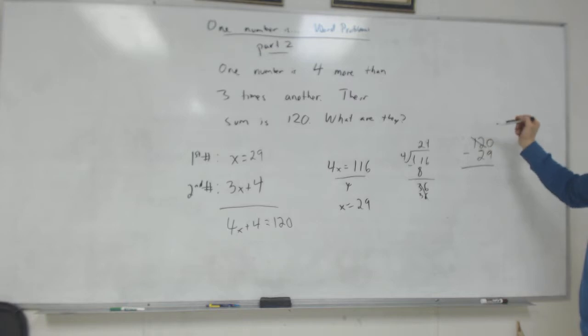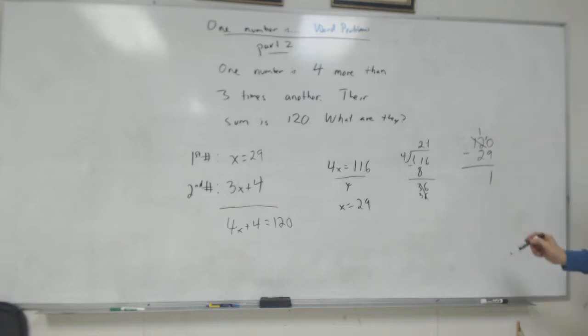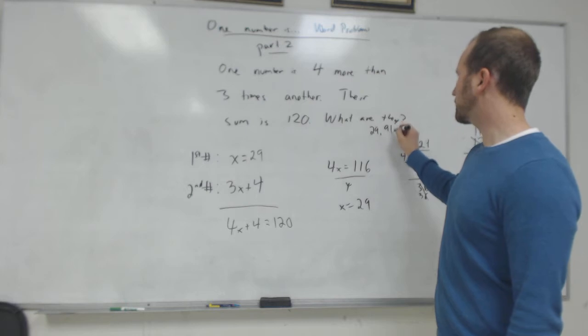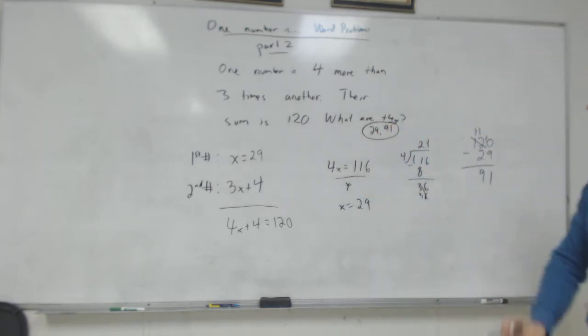So this is now 11. 91. So 29 and 91. Questions on that?